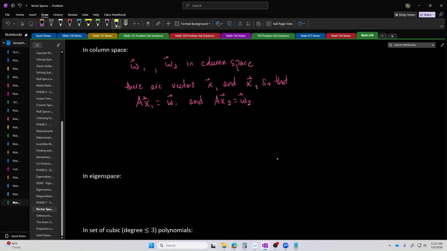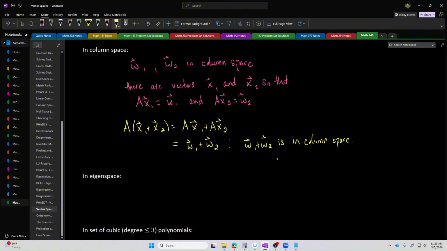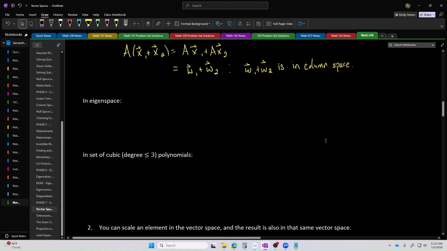Now if we consider what happens if we apply the matrix A to the sum x1 plus x2, and I distribute that matrix to each piece of the sum, Ax1 is equivalent to w1 and Ax2 is equivalent to w2. So what I have just done is produced the vector w1 plus w2, which means w1 plus w2 is in the column space. So I took two elements in the column space and added them together, and the result was still in the column space.